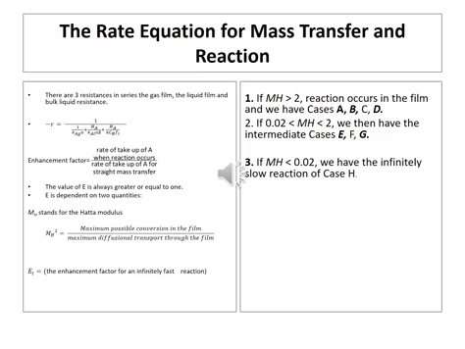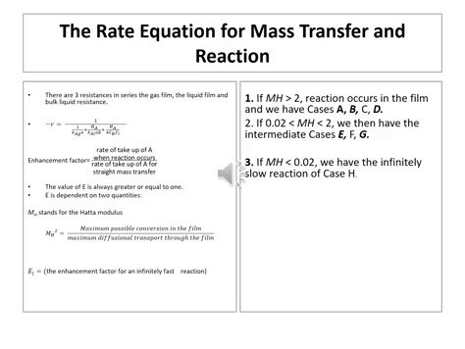So basically the enhancement factor tells us the extent by which absorption has been enhanced by a reaction, or the extent by which absorption has been improved by a reaction.